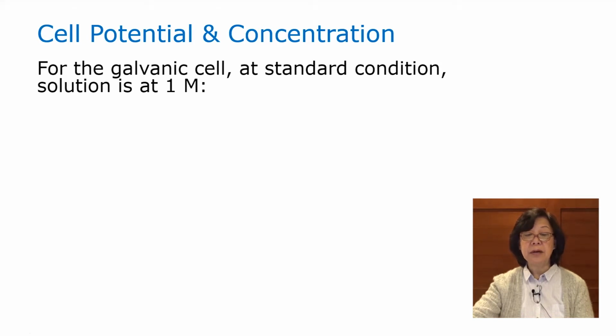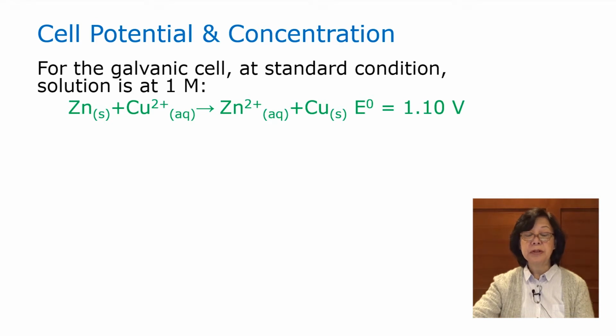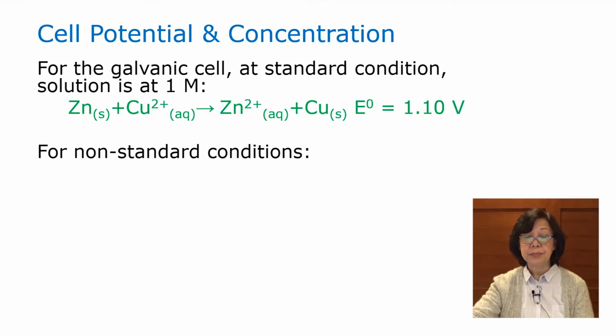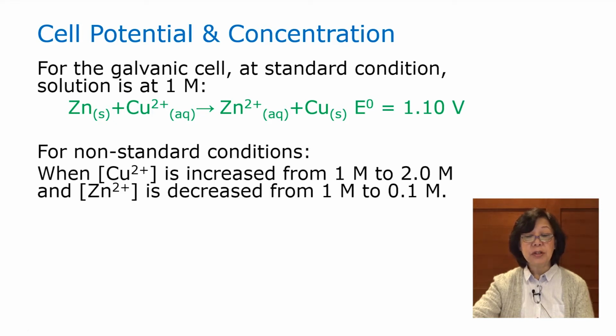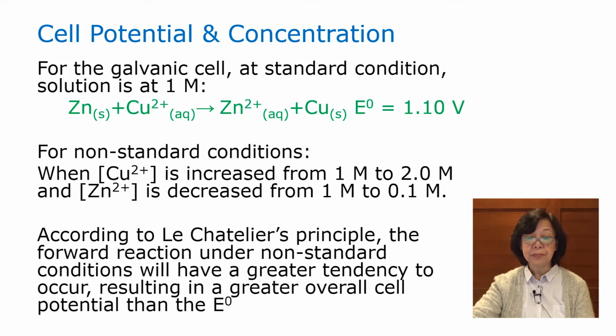For the galvanic cell at standard condition, the solution is at 1 molar. So the overall cell potential is 1.10 volts for the zinc and the copper electrodes. Now for non-standard conditions, that means we're changing the concentration from 1 molar. Let's say we're decreasing the zinc ion from 1 molar to 0.1 molar, and this is the product side. And we're increasing the concentration of copper ion from 1 molar to 2 molar, and this is on the reactant side.